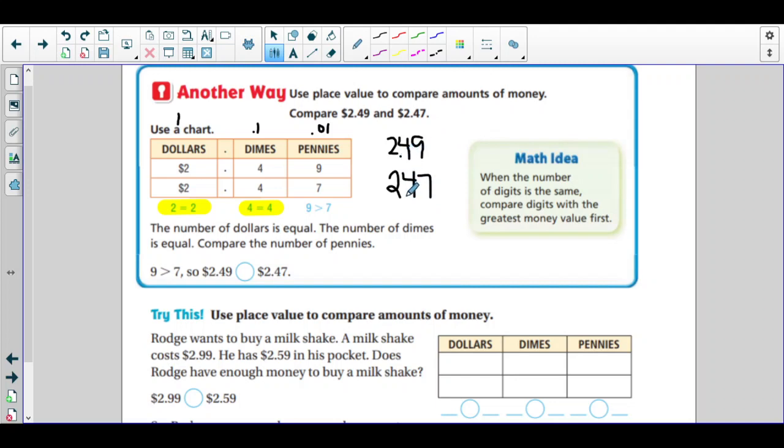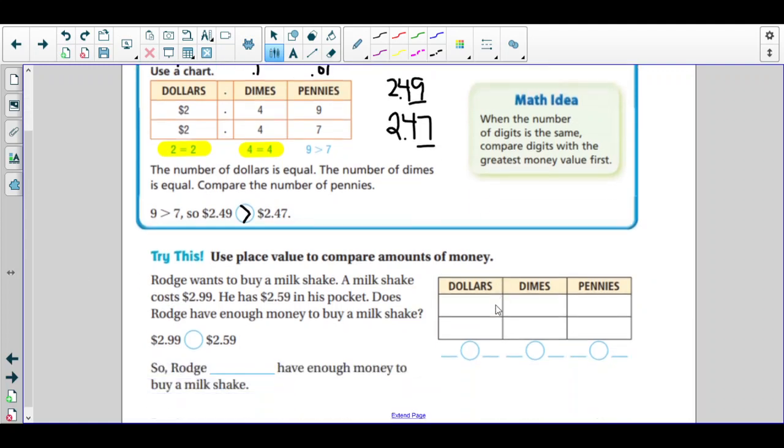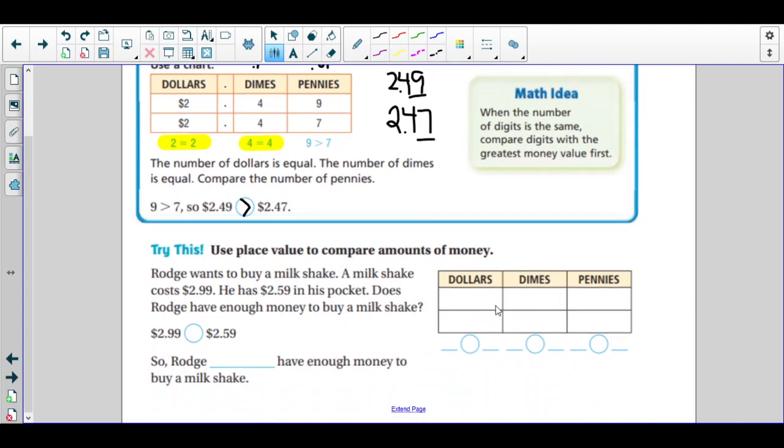But what we do is we add a decimal, and then that changes the value of those numbers right there. But regardless, we can see that 9 is greater than 7. And since 9 is greater than 7, that means that $2.49 is going to be greater than $2.47.